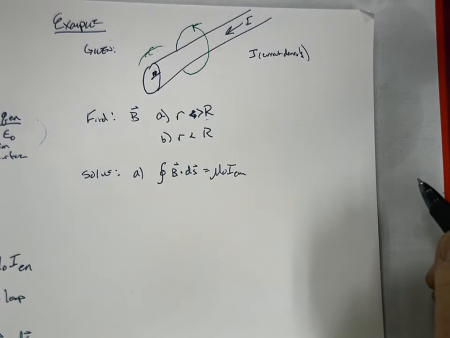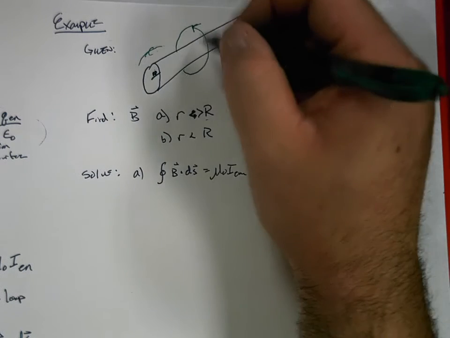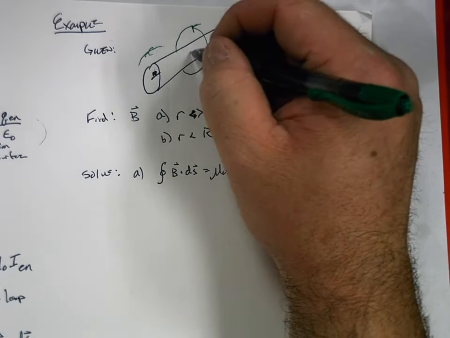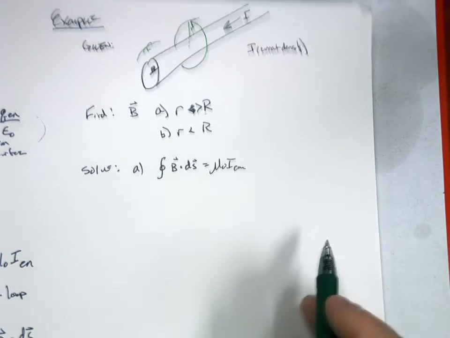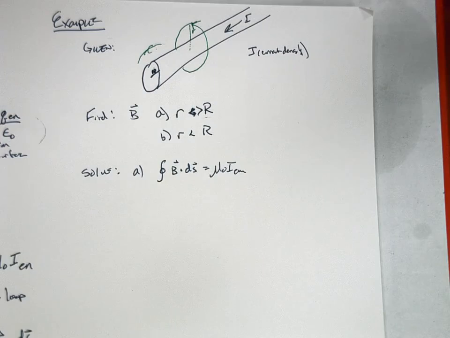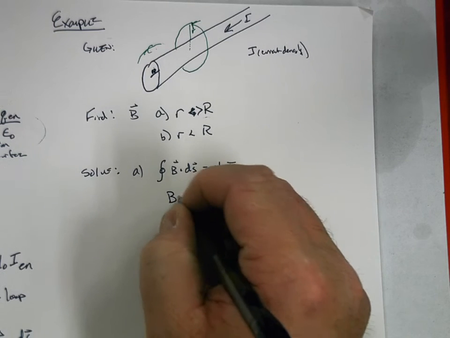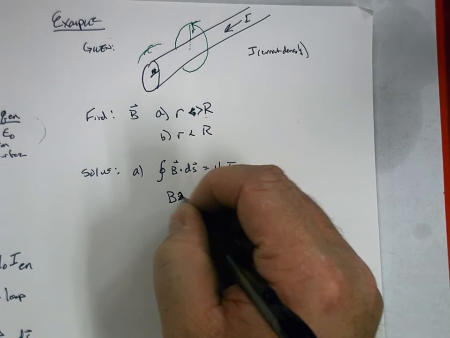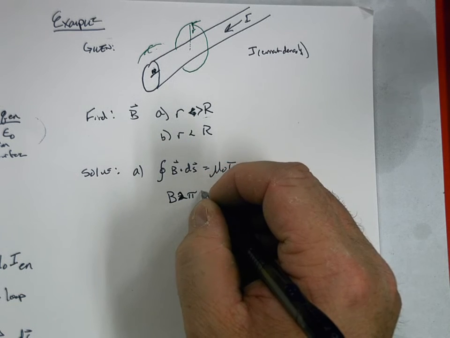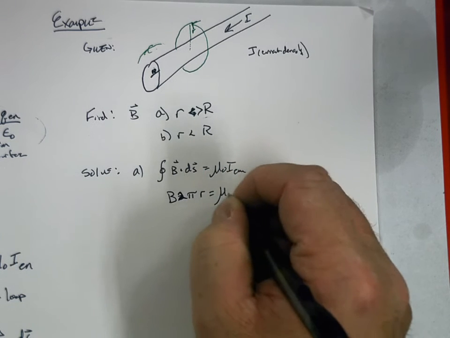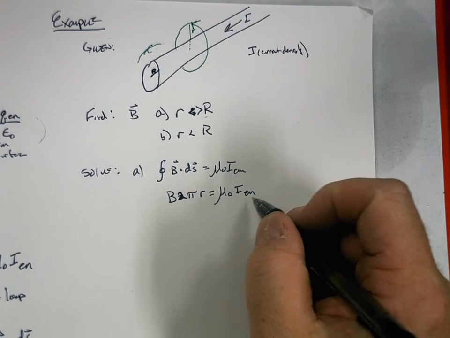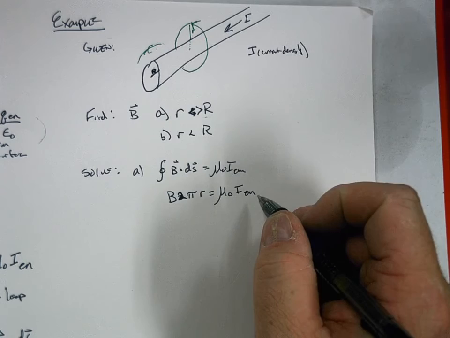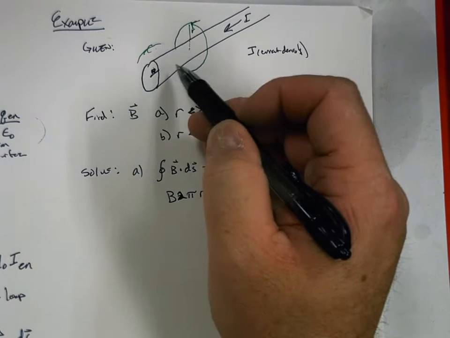And this distance r is greater than that capital R. So our field, but how much is enclosed? This loop encloses how much of the current?